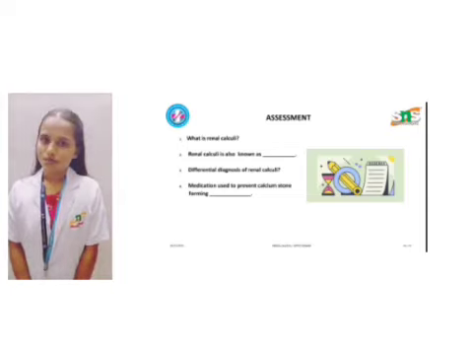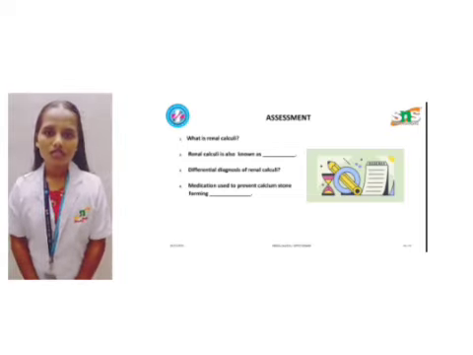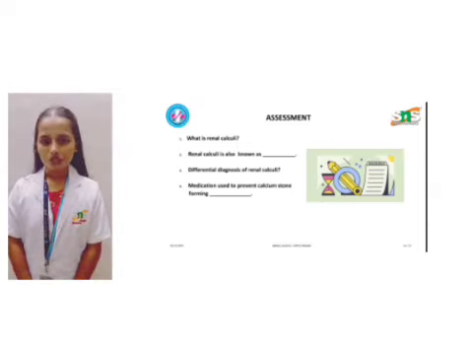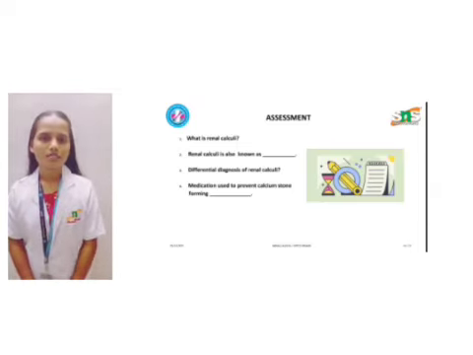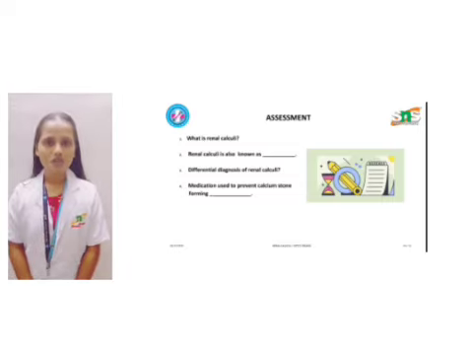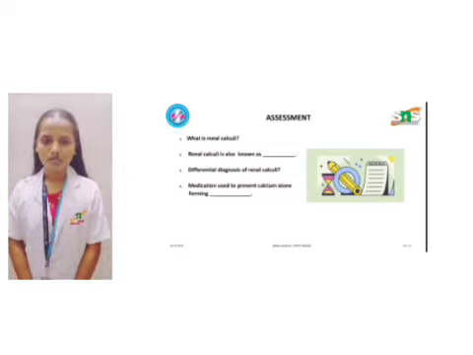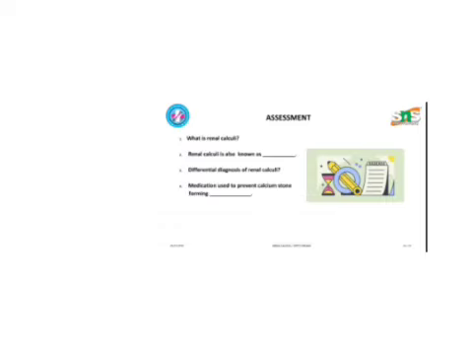Let's move into the assessment session. First question: what is renal calculi? Second one: renal calculi is also known as? Third question: differential diagnosis of renal calculi. Fourth question: medications used to prevent calcium stone forming. Answers for the assessments. What is renal calculi?